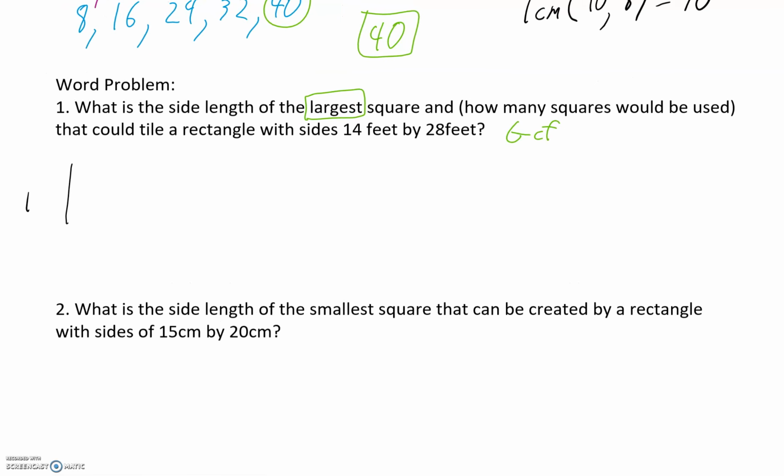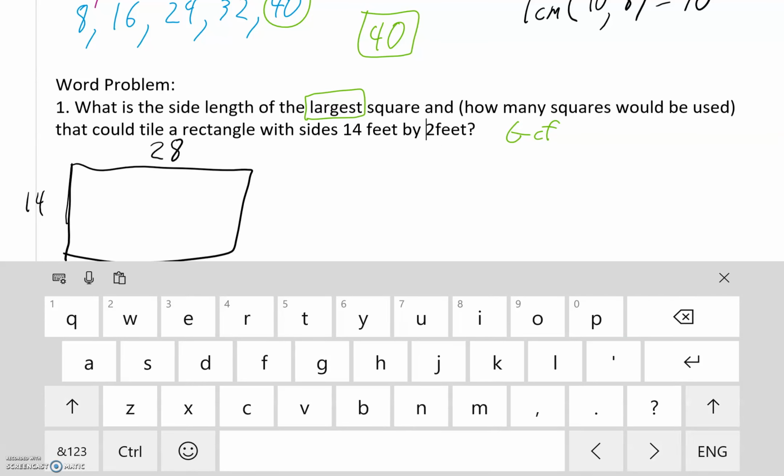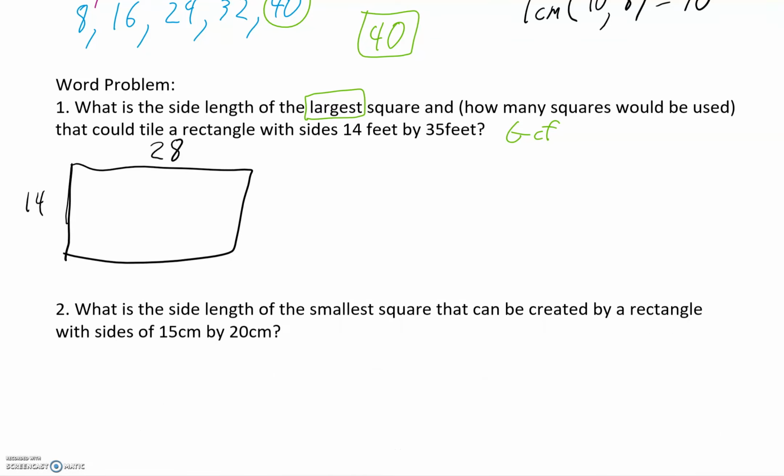So we have 14 by, I made it silly. Let me make this number better. Instead of 28, 28's too easy. Let's do 35. Yeah, that's much better.